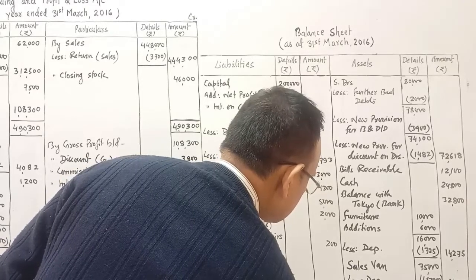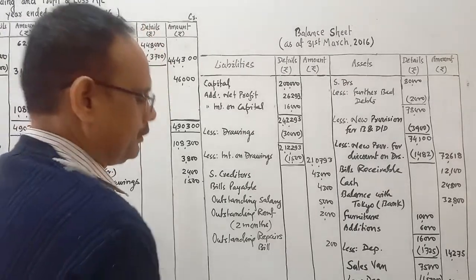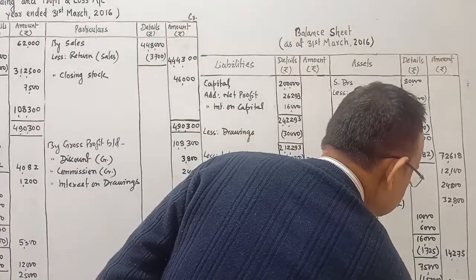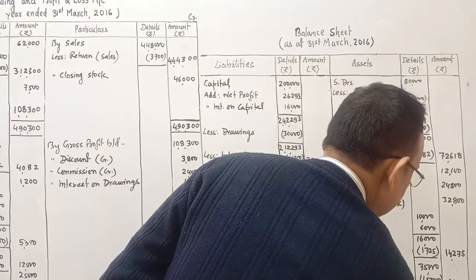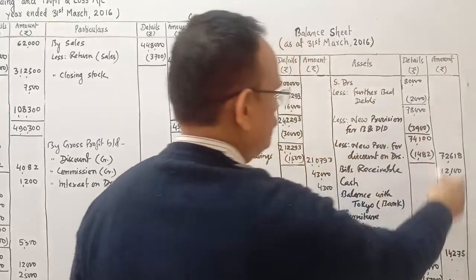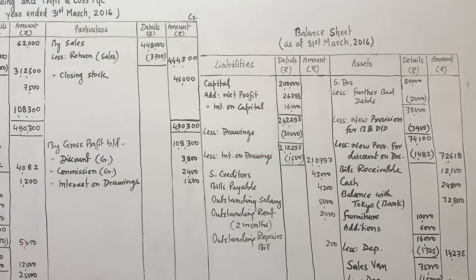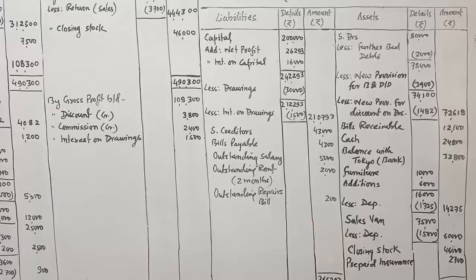When you do the total, it will be 2,65,293. So this is all about the balance sheet.